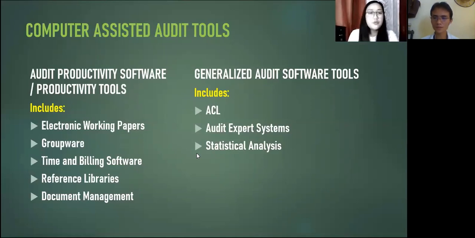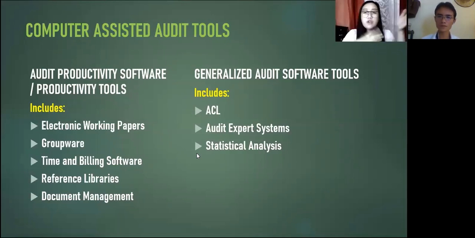So the first classification is audit productivity software. Basically, these productivity tools are vital to an organization, mainly because they simplify collaboration and communication, they streamline processes, they save time, and they ensure that the workloads are allocated fairly.